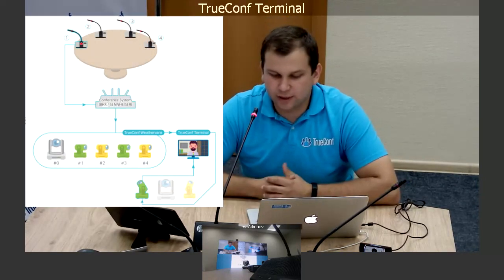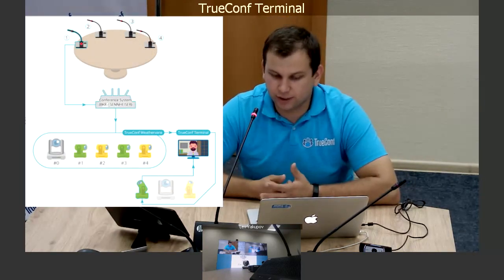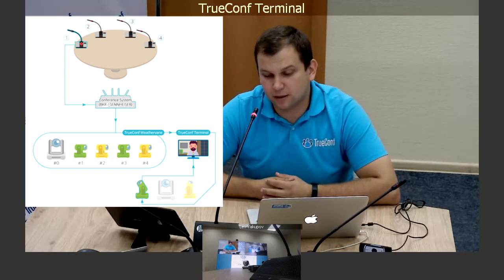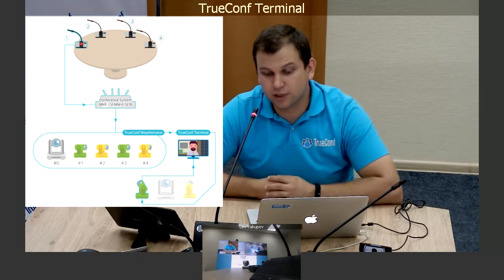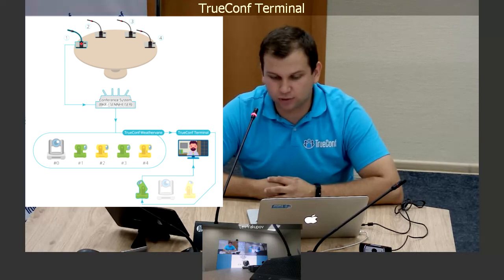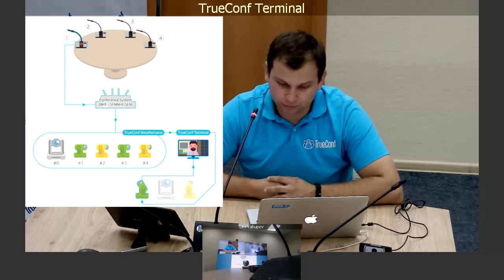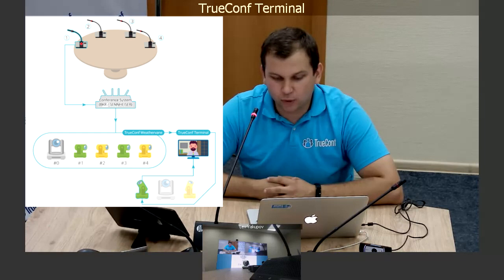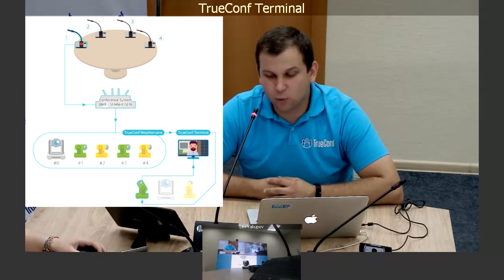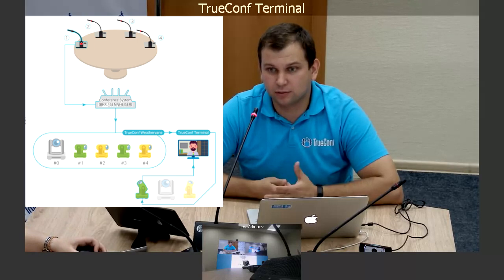We have to connect the microphones on the table to the control unit of the Congress system. Then we have to connect the control cables or USB cables of the cameras in the room to the PC where TrueConf Weathervane is installed. We also need a TrueConf Terminal application deployed somewhere in this room.